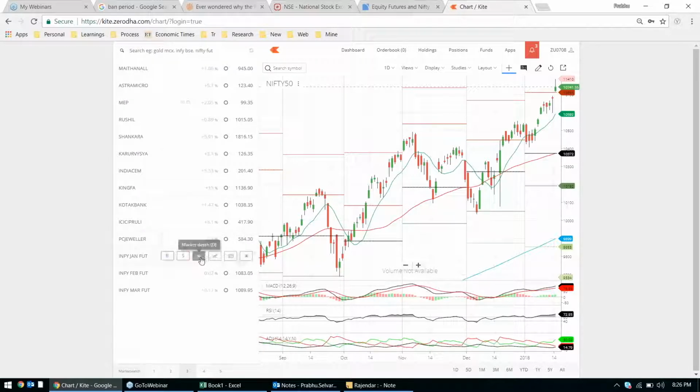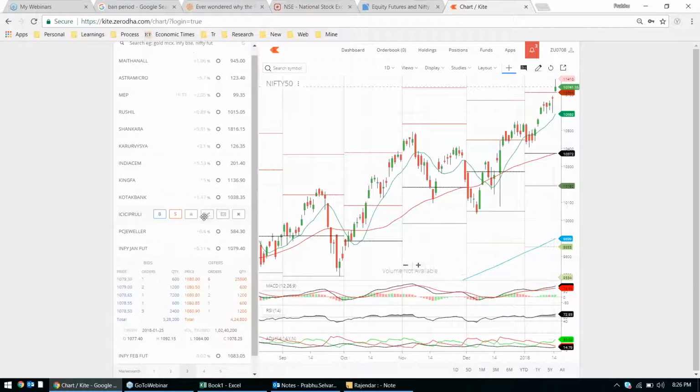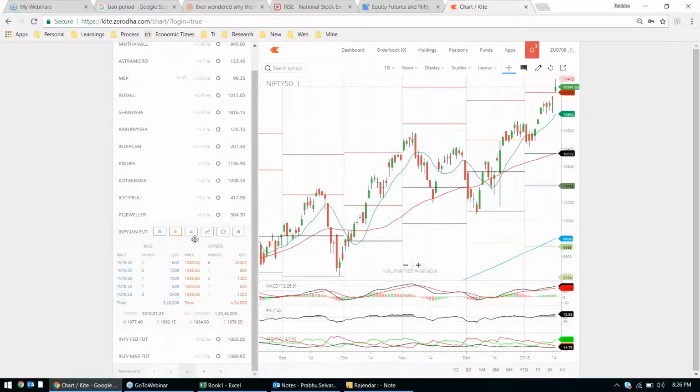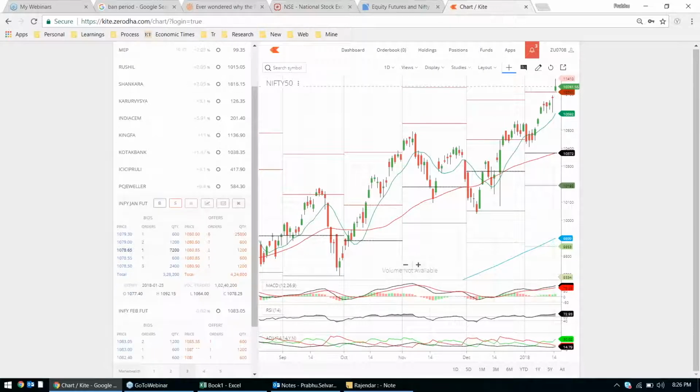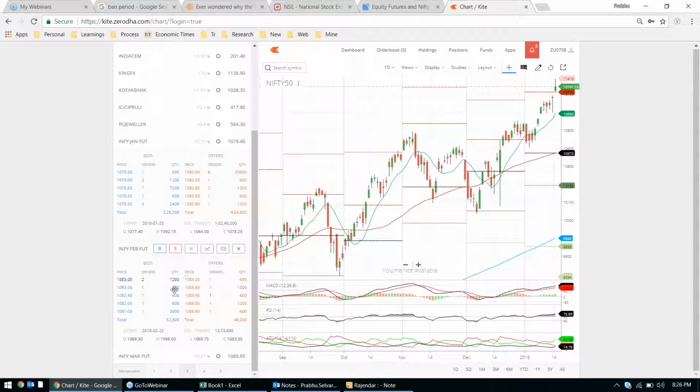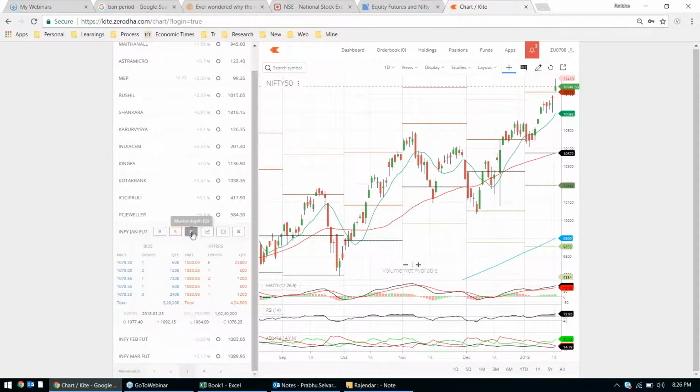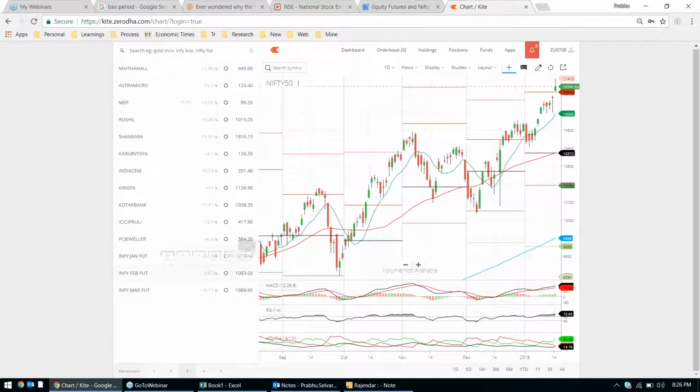So if you look here, Jan future, the volume is this much. February future, the volume will be very low, because people will not trade on that. But if you want to carry forward the contract, the difference of 4 rupees, 79 rupees, 83 rupees, you have to pay to a broker, and they'll give a window where you can convert the Jan future to February future.